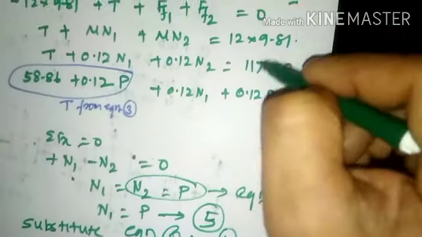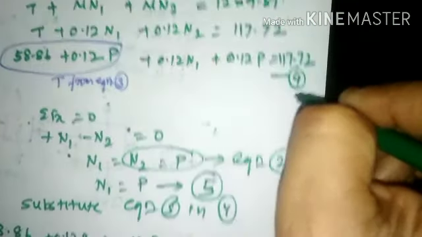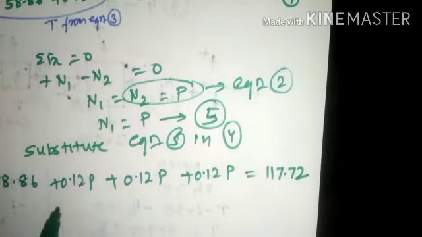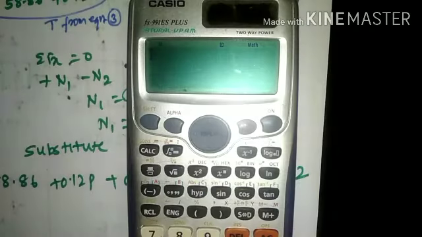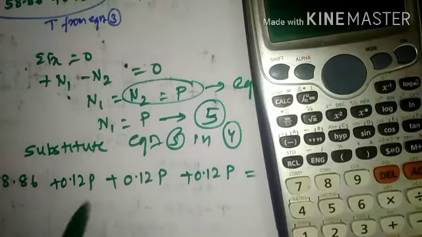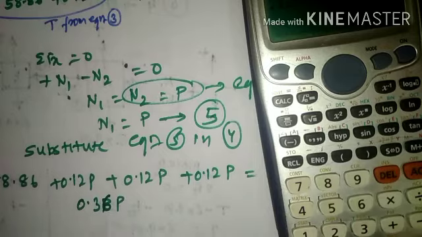That is 12 into 9.81, which comes out to 117.72. So we shall solve this part. 0.12 plus 0.12 plus 0.12 comes out to 0.36 times P.